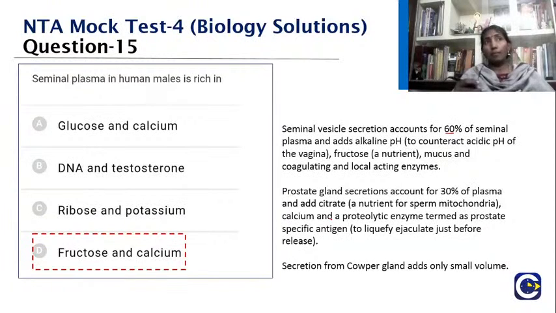That is why in men after 40 or 45 years, if they come with complaints of difficulty in passing urine, we ask them to check this antigen through a blood test and verify whether they have any hypertrophy or carcinoma. This helps to liquefy the semen and ejaculate just before the release. And the Cowper gland, the bulbourethral gland, adds a small volume meant for lubrication.